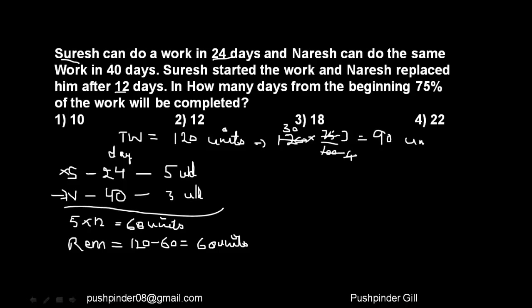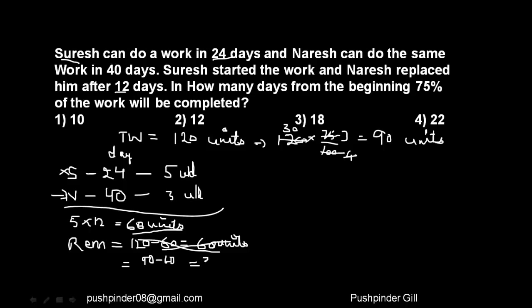And 60 units have already been finished. So the remaining work is not this. The remaining work is 90 minus 60, which is equal to 30 units.